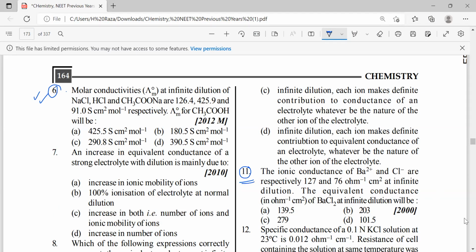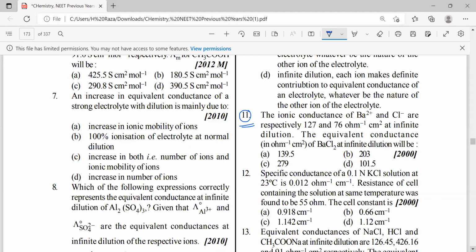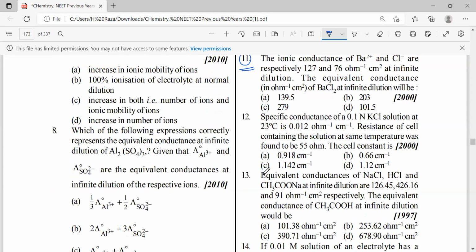Please solve this question number 11, Hamza. Question number 11. Sneha, you are going to do question number 13.